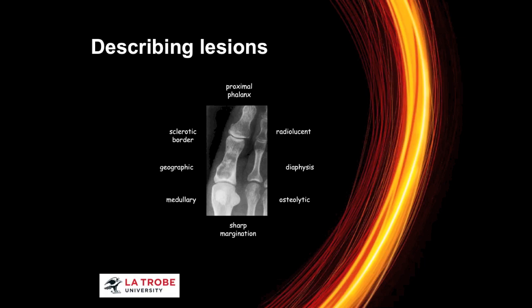And I always give the students a very simple scenario. If you're a practitioner in Melbourne and you've got a very interesting case and you've got X-rays on the person, you should be able to pick up the phone to a colleague of yours in Perth and describe what you're seeing on the X-rays well enough that that person in Perth can picture exactly what you're talking about.